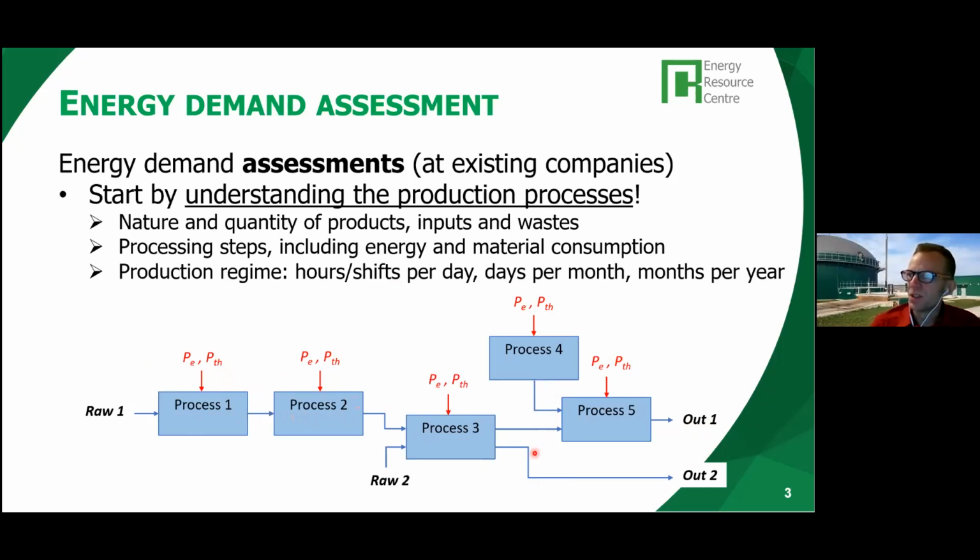This kind of insight really helps you in identifying what are the main energy consuming steps, and what kind of heavy equipment can you find in which of the processes, because those might be interesting to focus on, not just for the determination of peak loads and average loads, but also for the production of byproducts in the end, that could be used, for example, for energy generation.